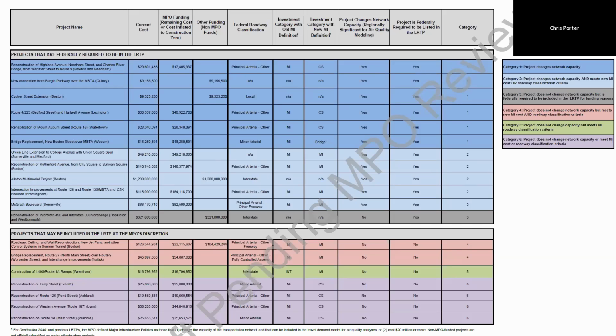Great, thanks. So, Ann, it seems more intuitively correct, the way these projects are classified. So I think it's a good system. I'm just wondering, the blue projects that used to be major infrastructure, now they're complete streets. There's 3 of them. But they are listed also as changing network capacity.